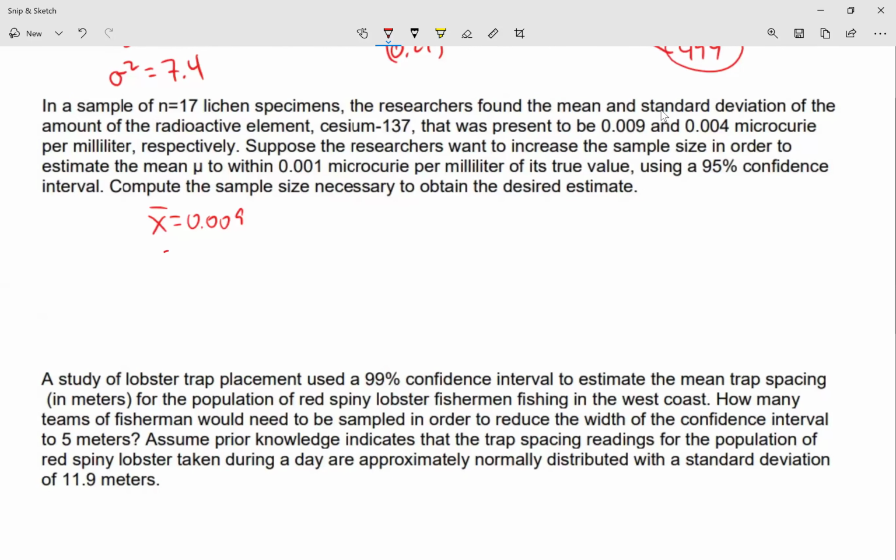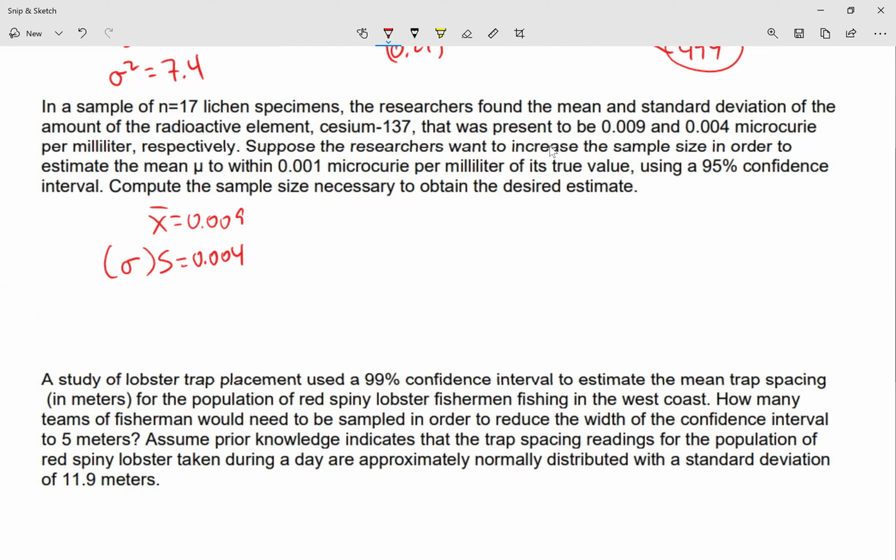My standard deviation, I'm going to call this S, my standard deviation is 0.004. Some of a fact inside here, let me just say it. My standard deviation could be sigma. We use sigma when we're looking at population. We use S when we're looking at sample, but we can use one or the other.